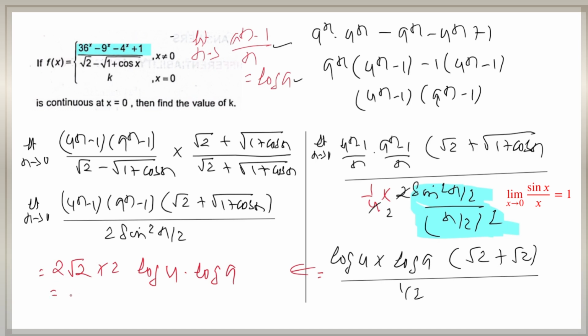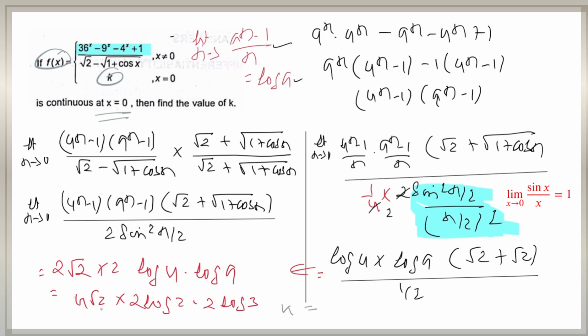So I can see that we can further simplify it. This is 4 root 2. And I can write 4 as 2 raised to the power 2, and similarly 9 we can write as 3 squared, so log 9 is 2 log 3. So this will be equal to, since f(0) is equal to k and it is continuous, we can equate this with k.